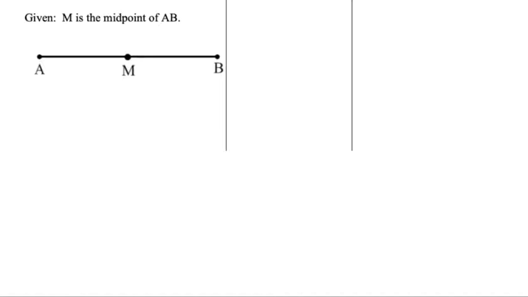Now I say to you, M is the midpoint. Well, I know that the first thing you're always going to do if you see that is going to mark your diagram with the given. So we're going to mark AM congruent to MB. So for every mark we made, we are allowed to make a statement. So we could say in this case that AM is congruent to MB. We also could say that AM equals MB.